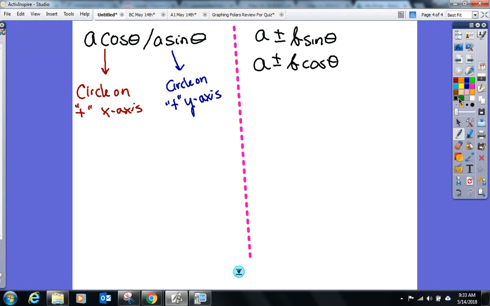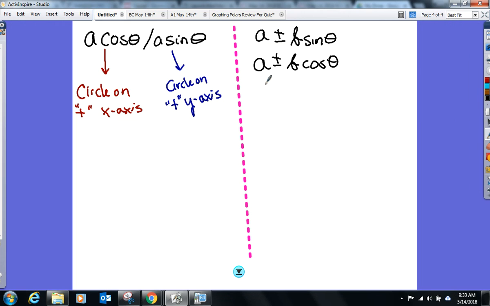That's going to be your limacon. So again, that could be your heart, that could be your circle within a circle. We've made different types of limacons before. So plus or minus, expect a limacon.